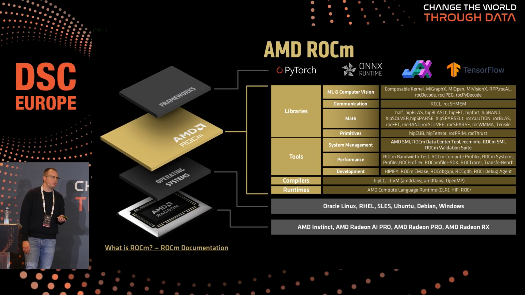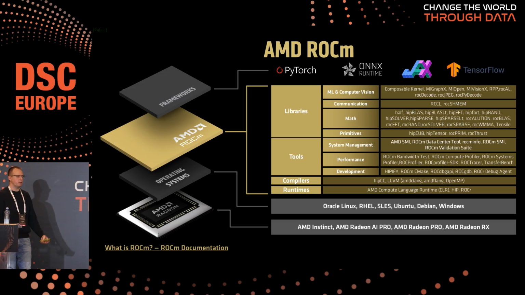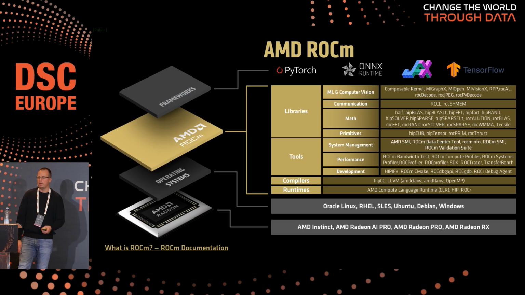And then MIGraphX is our graph optimizer, and there are many other libraries that you can take a look at. There are also other tools such as RCCL, which is very cool, enables multi-GPU training and inference, and tools such as ROCgdb, which is our debugger, and ROCprof, and other profiling tools which enable you to really make sure that your application is performant and that it works well.